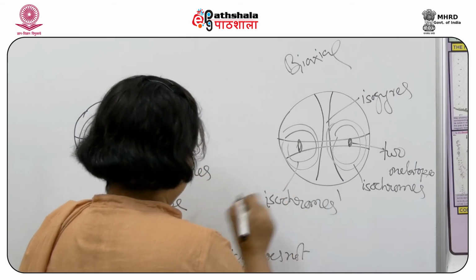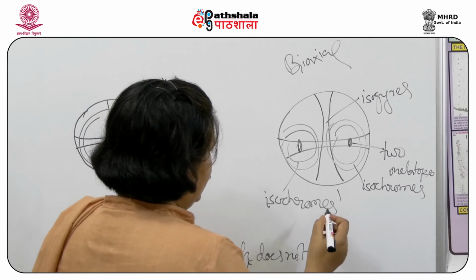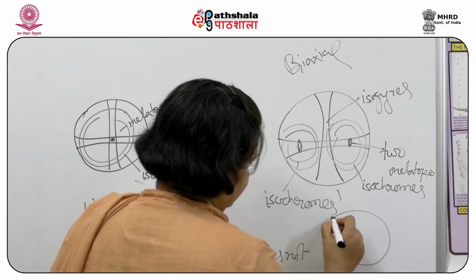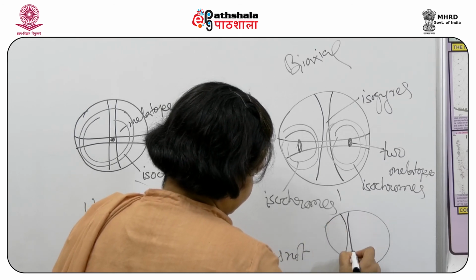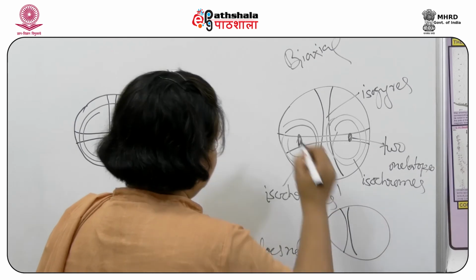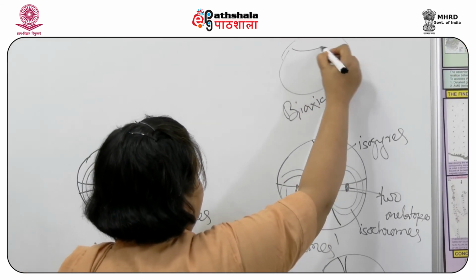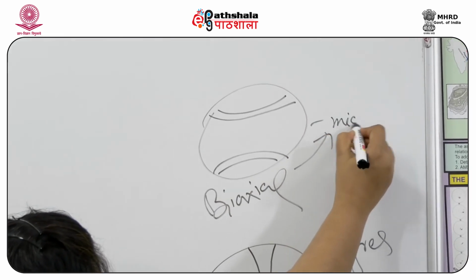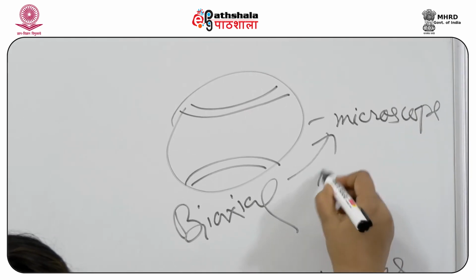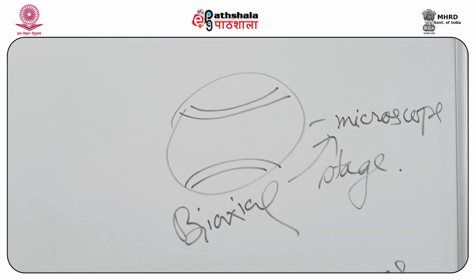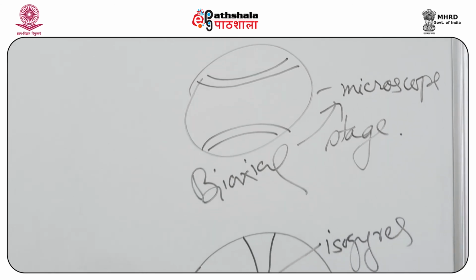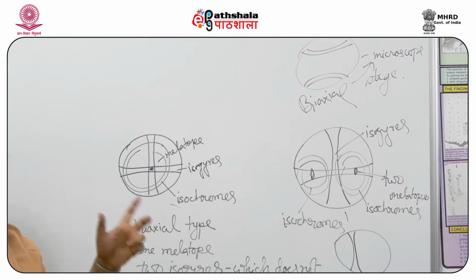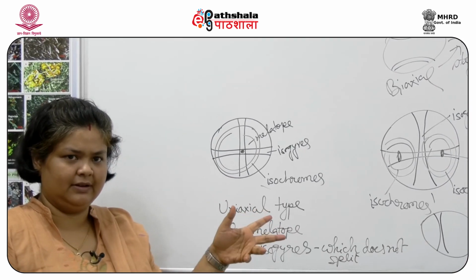And the basic difference between these two figures is that on rotation of the microscope stage, the isogyres will split like this. You can have one isogyre, or it can even form a hyperbola like this on rotation of your microscope stage. So this is the basic feature which allows you to distinguish between uniaxial and biaxial interference figures upon observing them.